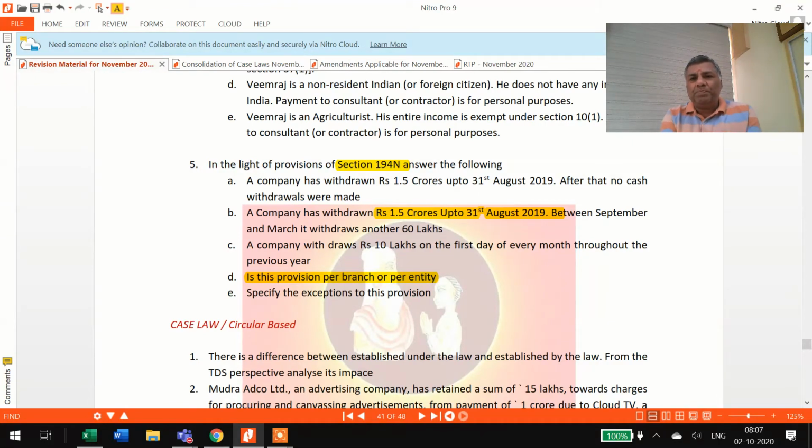Specify the exceptions of this provision: payment to government, payment to bank, payment to post office, payment to white label ATM operators. Sometimes they are just taking money and depositing it in the ATM, a separate agency doing the job.